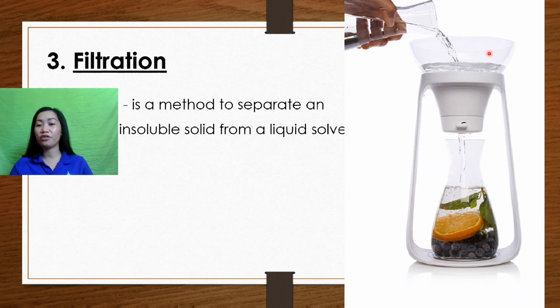As you pour through the filter paper or cloth, you can see the solid particles remain in the cloth, and the water just drops into the container. That is filtration, separating the insoluble solid from the liquid.